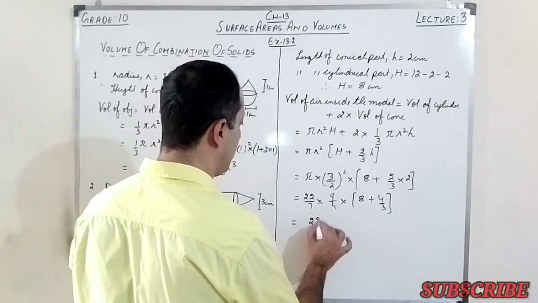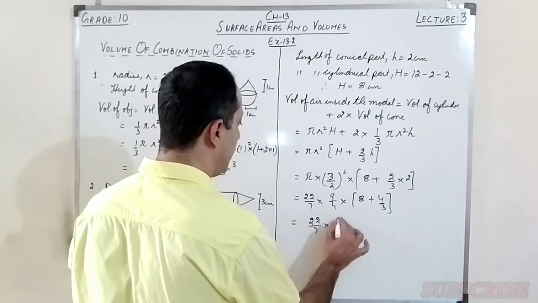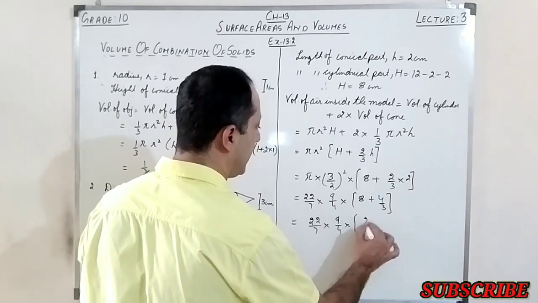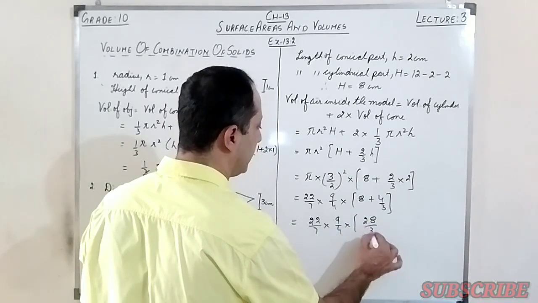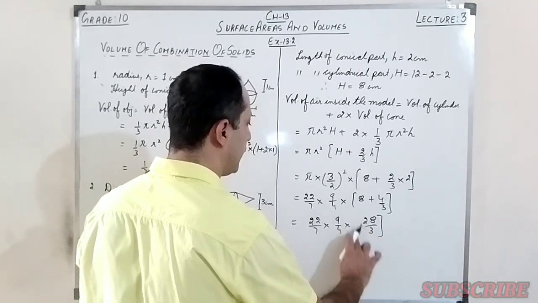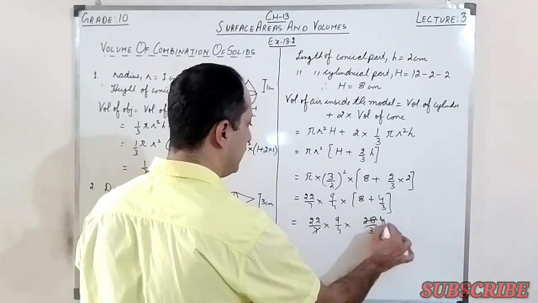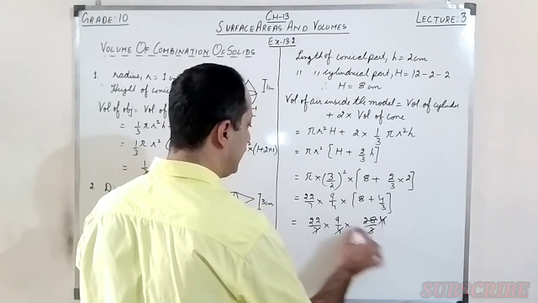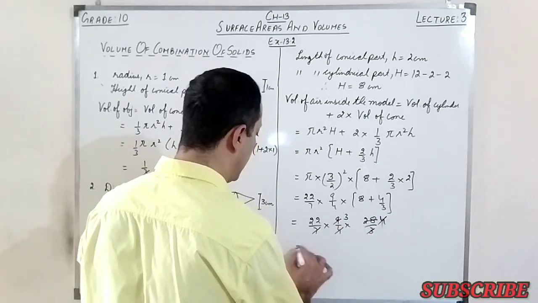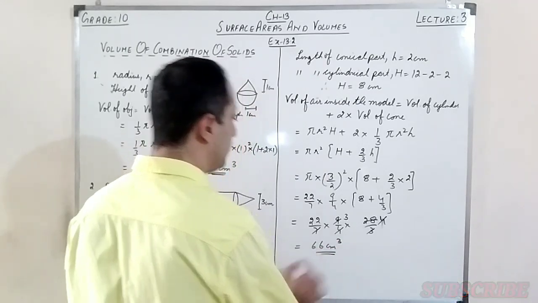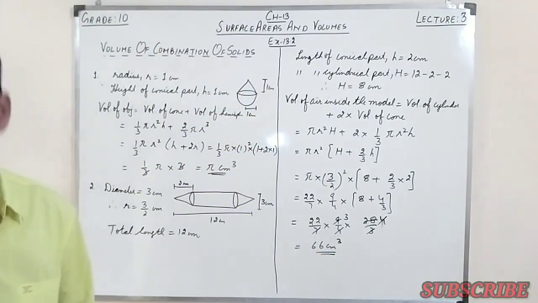After taking the LCM we get 28 upon 3 inside the bracket. I just remove the brackets now, and I can cancel out this 7 with 28. This is 4, and this 4 cancels here, this 3 cancels here, and I got the answer as 66 centimeter cube. So this is the final answer for the second question.